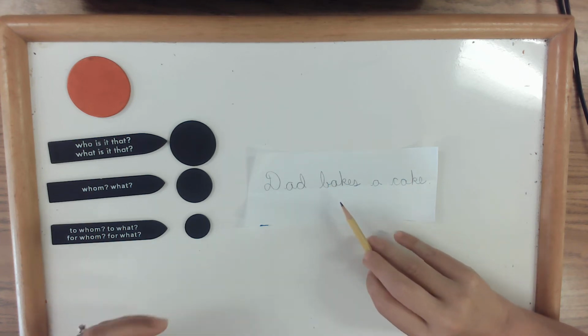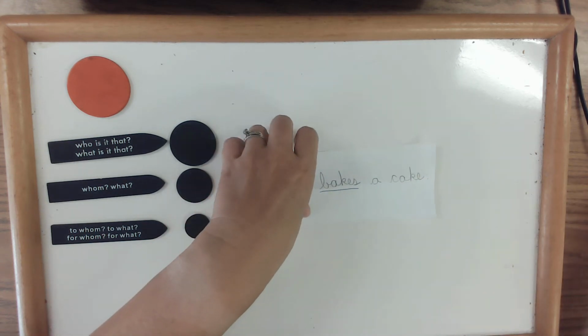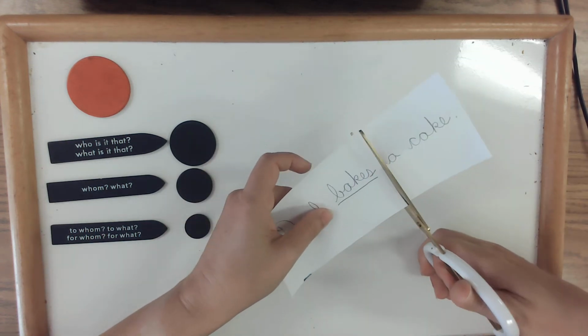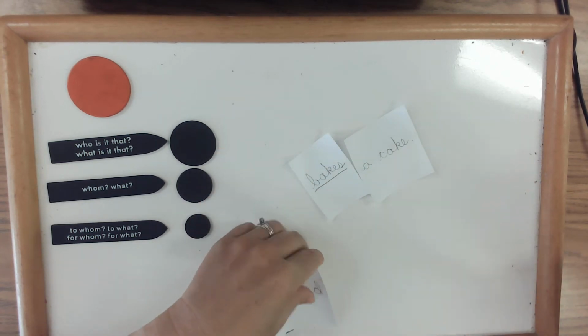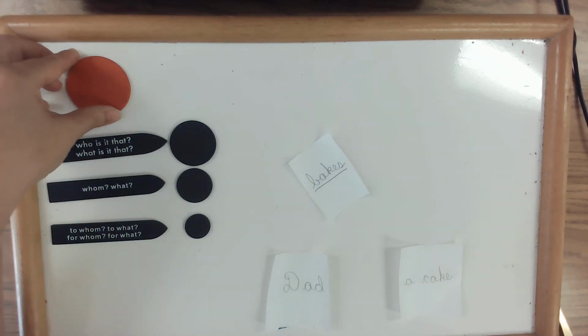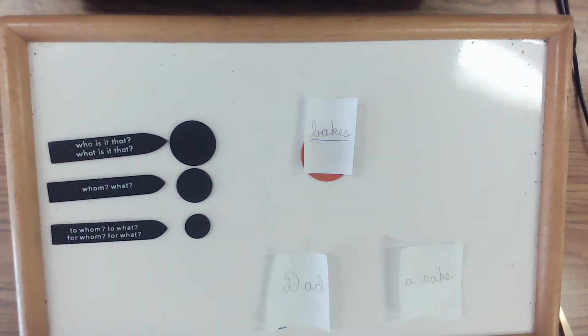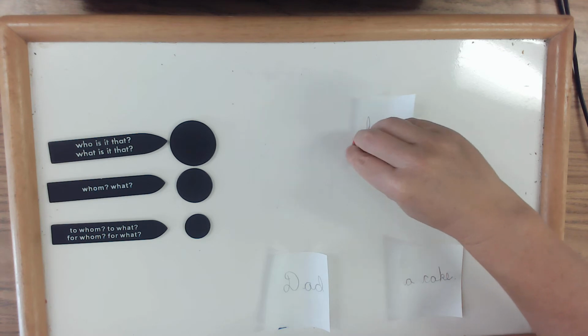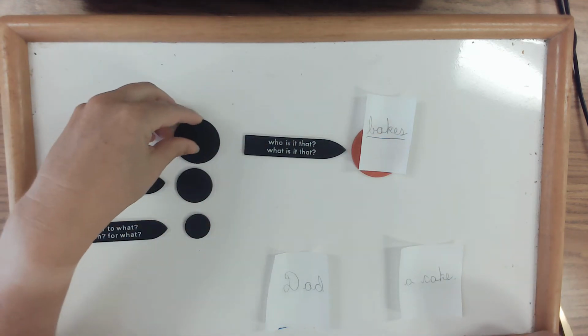It's still what's being done, the action. You can't have a sentence if you don't have a predicate. Bakes is the verb. It goes on top of the red circle. Who is it that bakes? Well, that hasn't changed either. That's still Dad.